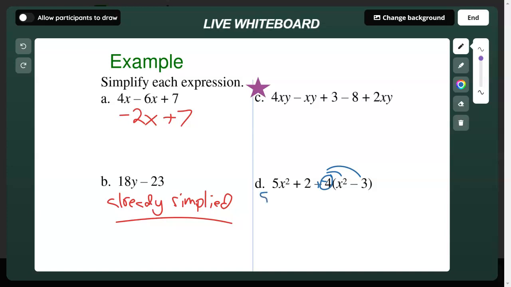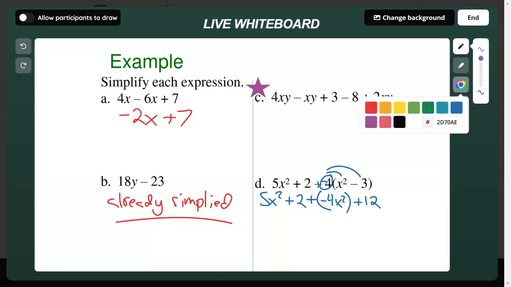So nothing's going to happen with the 5x squared yet, or the 2. I have the plus sign. Negative 4 times x squared, negative 4x squared. Negative 4 times negative 3, positive 12.